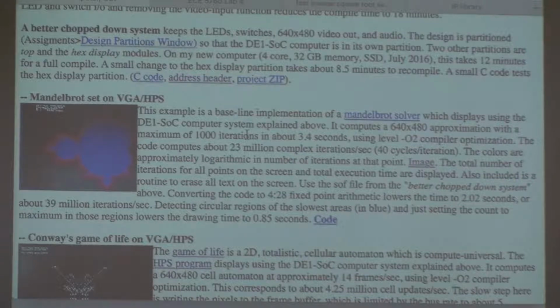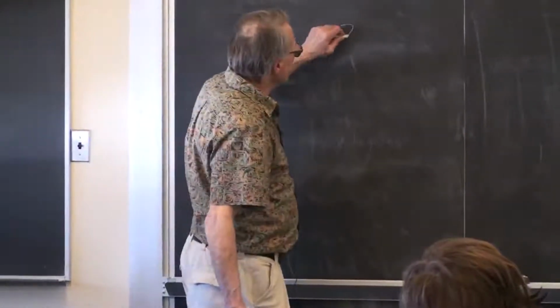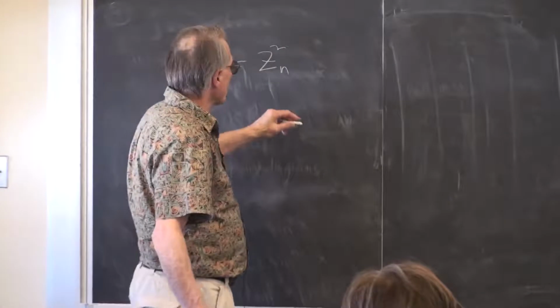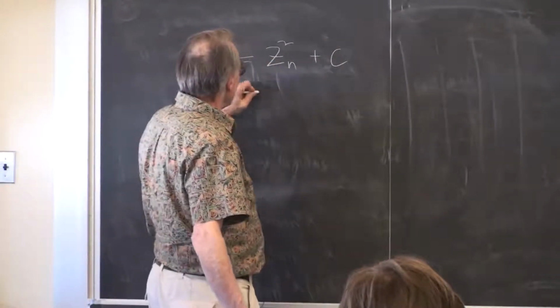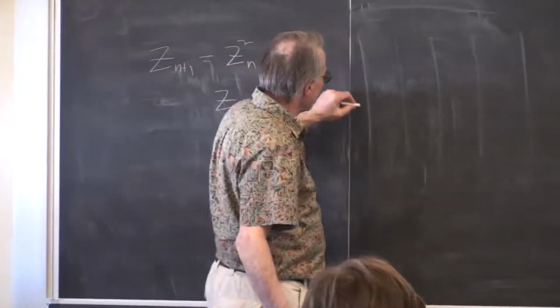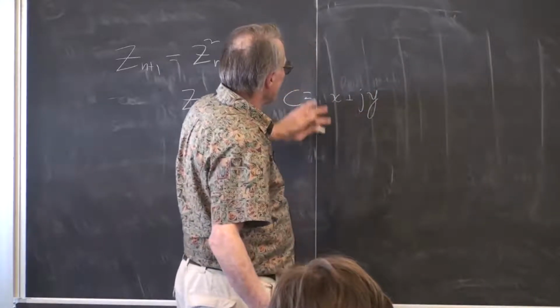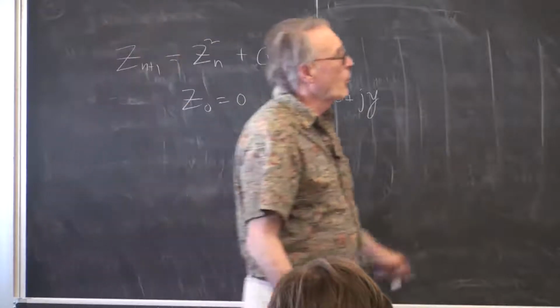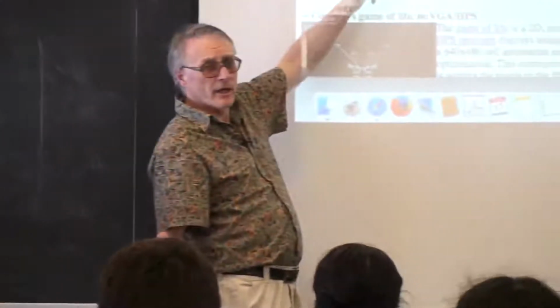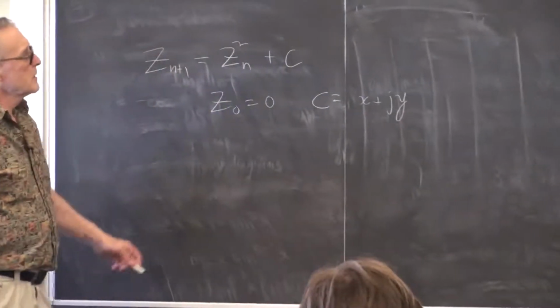And as I said last time, the iteration is going to be of the form z at time n plus 1 is going to be z squared of n plus some constant c, with z0 equal to 0, and c being, well, let's just make it x plus jy, the coordinates on the screen of the point you're calculating. So you're going to form c.